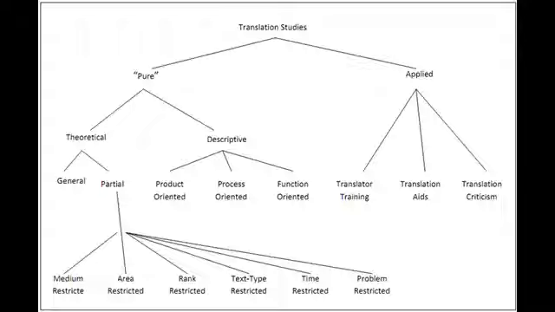Applied translation studies are divided into three divisions, three sections, three branches. Branch number one, translator training. Branch number two, translation aids. Branch number three, translation criticism.